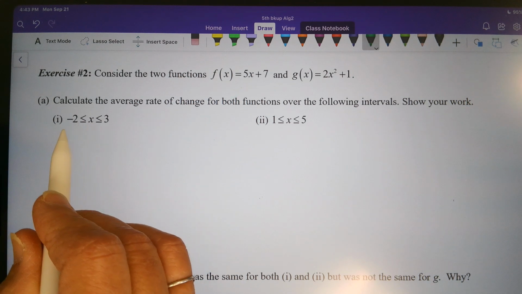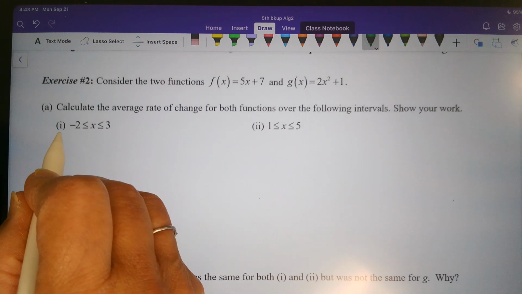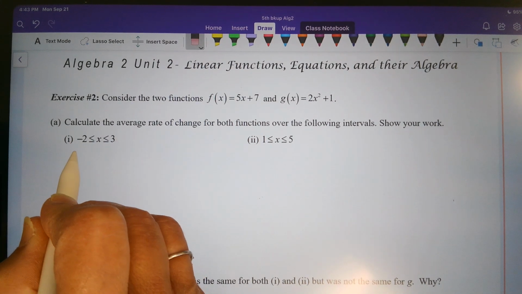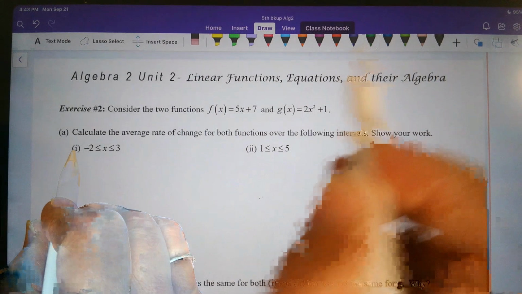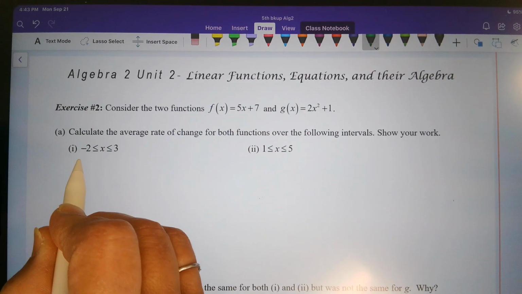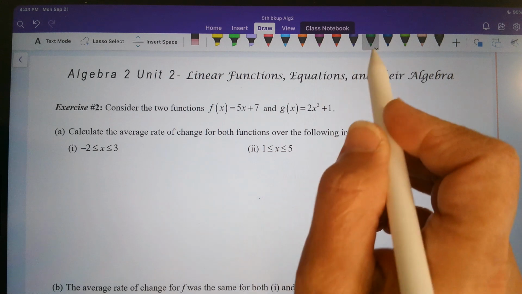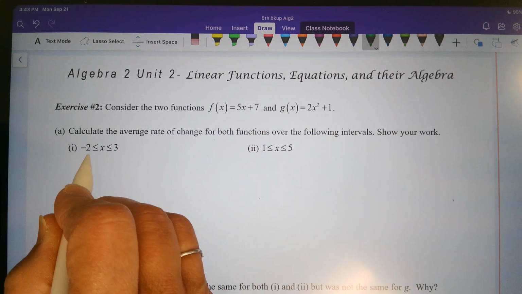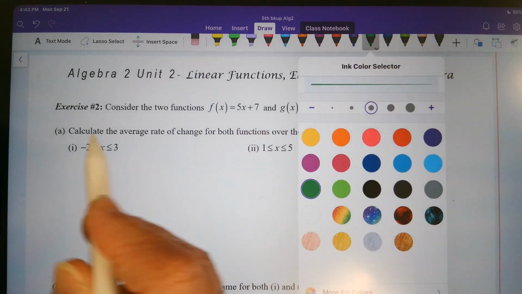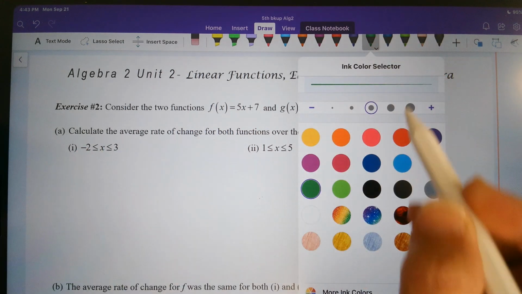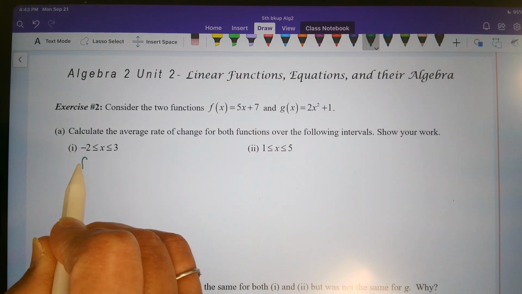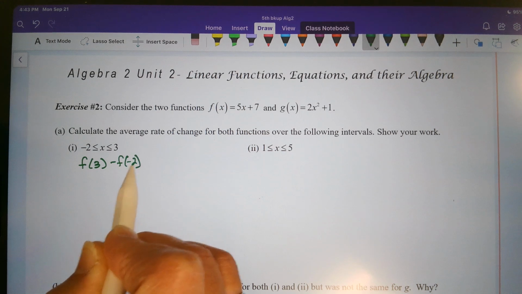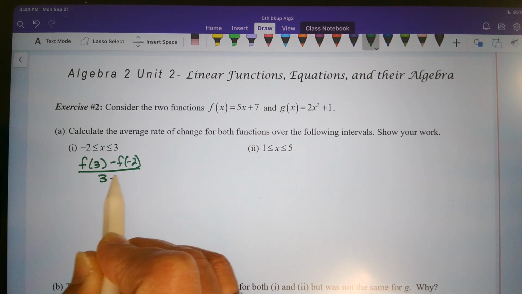Over the interval from -2 to 3, so I'll do f of 3 minus f of -2 divided by 3 minus -2.